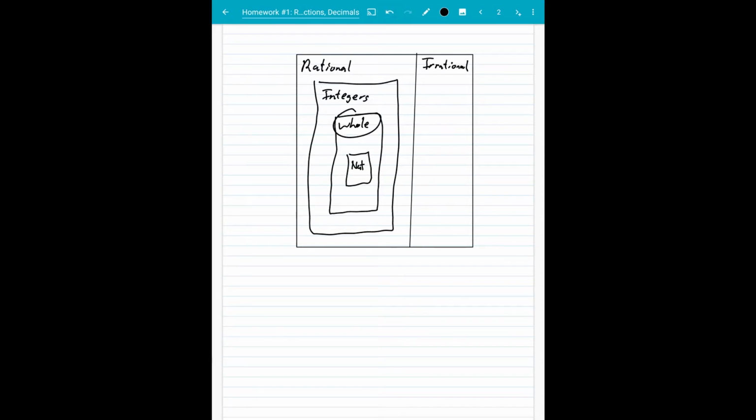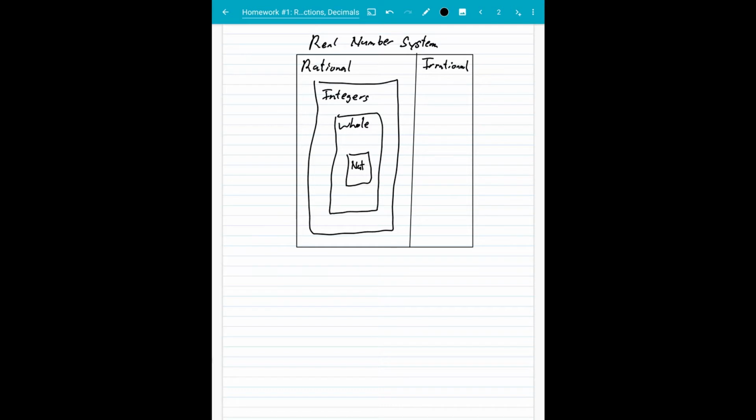A whole number is also an integer and a rational number. All integers are rational numbers. But rational numbers are just rational numbers. So rational numbers aren't necessarily integers and whole and natural numbers. All of this represents the real number system.